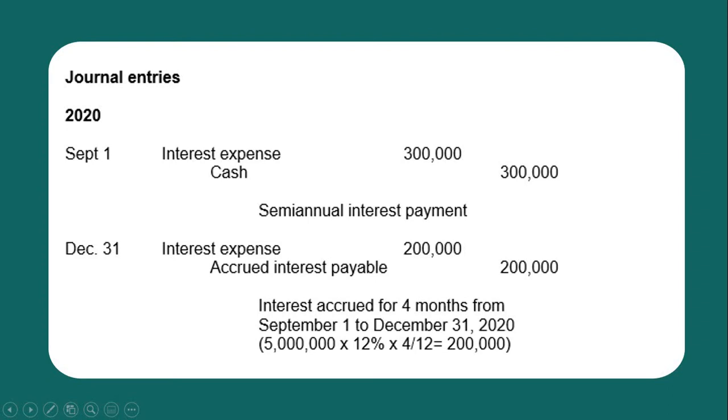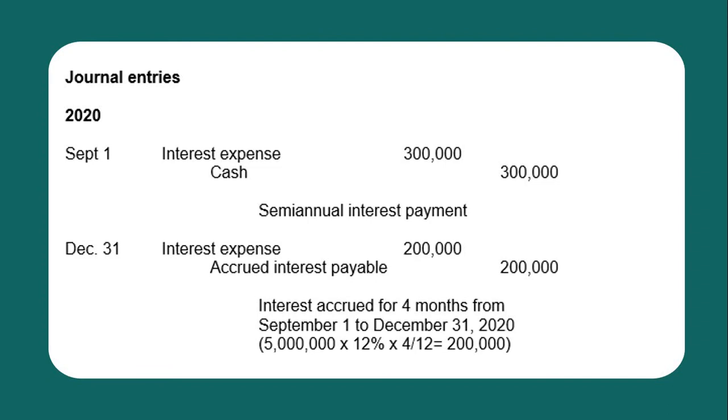So entry, debit interest expense for 200,000 and credit accrued interest payable for 200,000. Well, actually, this interest nga gi-accrue nato will be paid the following year, pagka March. Again, gi-accrue lang nato siya kay tungod na may interest nga na-incur.